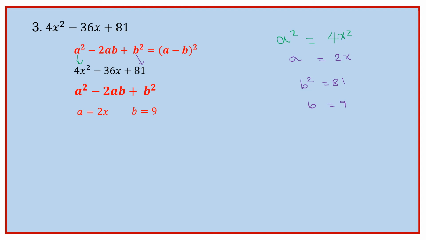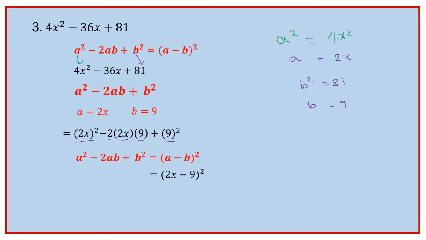Let us substitute the values of a and b into the identity, such that we get a squared, which is (2x) squared, minus 2 into a, which is 2x, into b, which is 9, plus b squared, which is 9 squared, such that we come up with (a minus b) squared as (2x minus 9) squared.